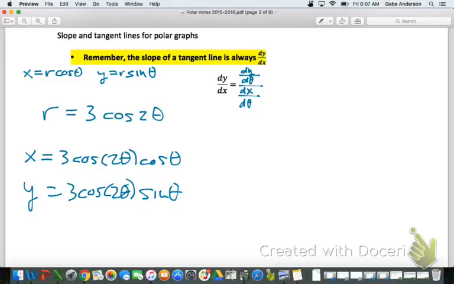What's your goal to do? So you have y's instead of r's. I don't have any r's in mine either. x equals 3 cosine 2 theta cosine theta. But that's not in the same form. Yeah, it is. Yes, it is.